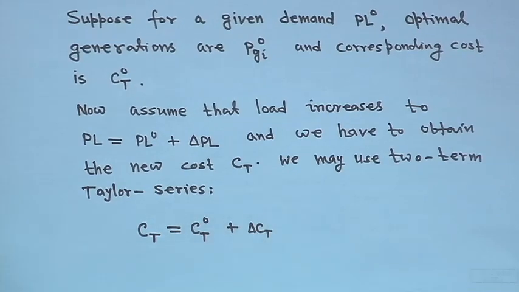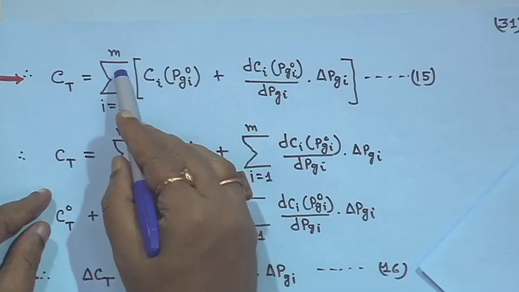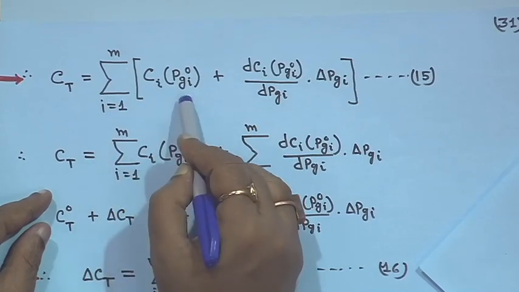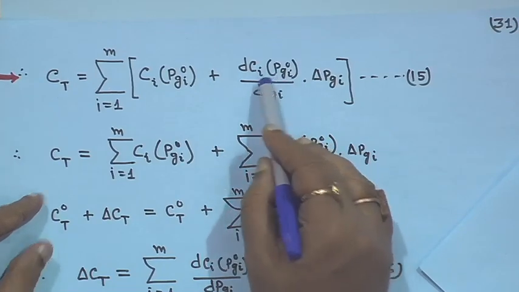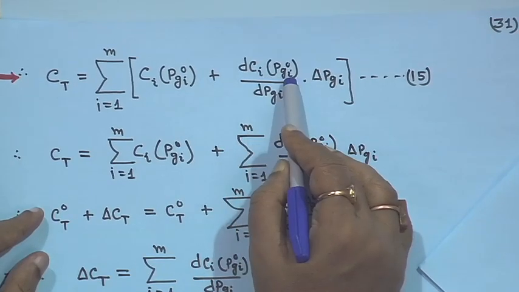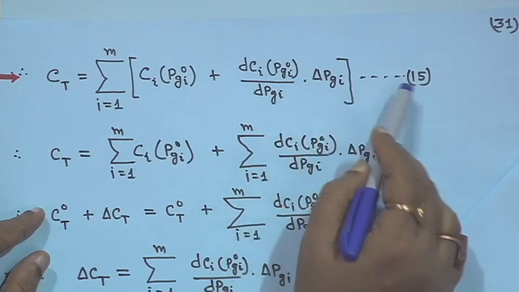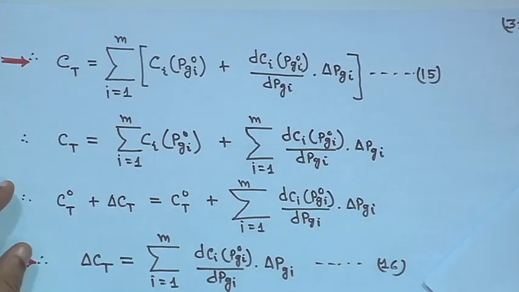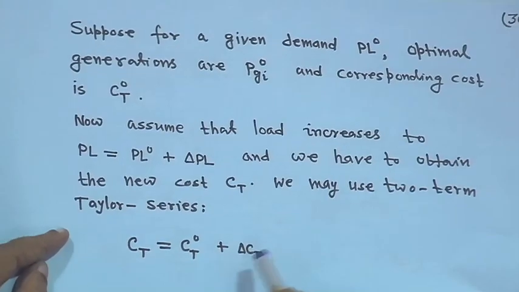If it is so, then CT is equal to the sum over i equal to 1 to m of Ci(Pgi0) plus dCi/dPgi into delta Pgi, actually Ci is a function of Pgi0. This is equation 15, because CT is taken as CT0 plus delta CT.